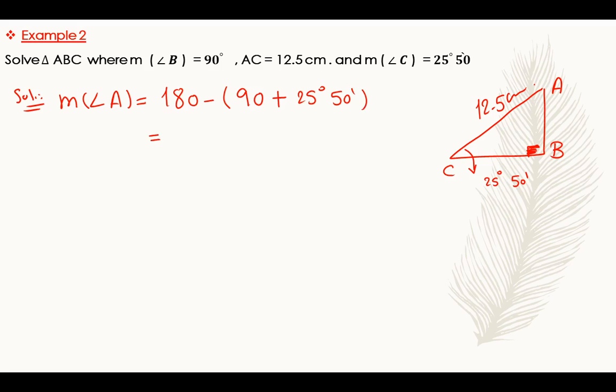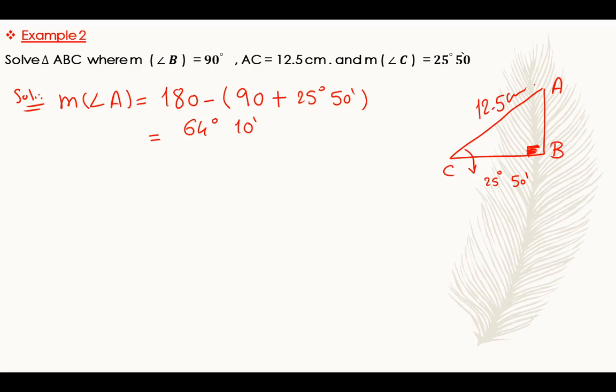Use your calculator to find the measure of angle A. You will find that it will be 64 degrees and 10 minutes. Okay. Now we want to find the length of the side AB and the length of the side BC.